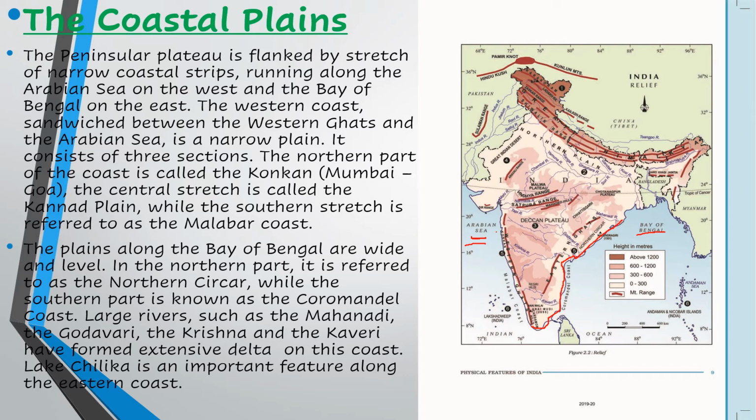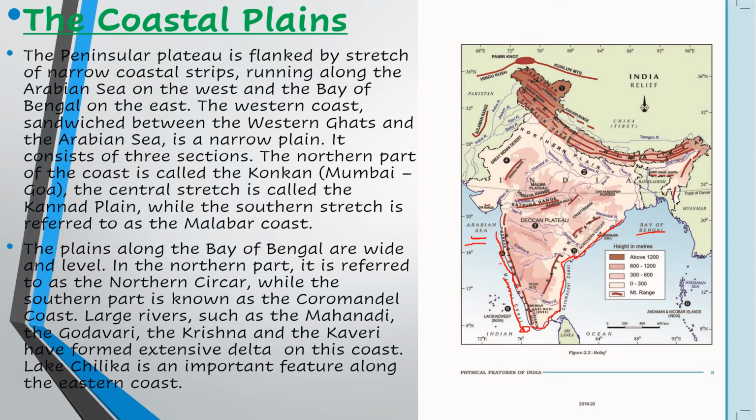You can see over here the Konkan that comes in Mumbai. Then comes the central stretch, known as the Kannada plain, that comes in between, and then comes the southern stretch referred to as the Malabar coast. You can see over here that comes under the southern part.